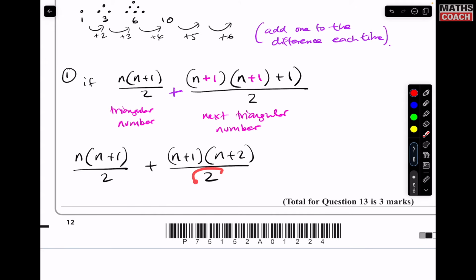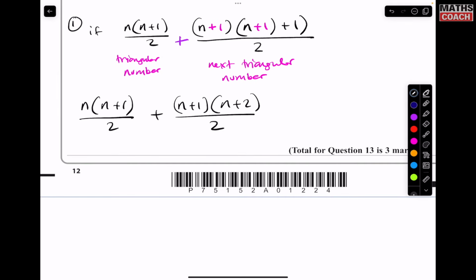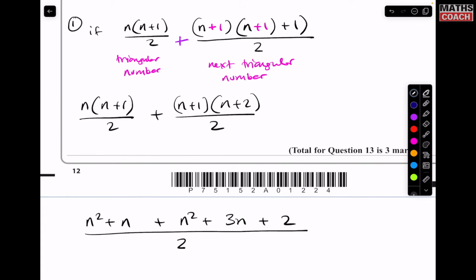Now I've got the same denominators, so I can just collect the top together. If I expand each bracket, I have n squared plus n, that's this one right there. And the next one would be the expansion of double brackets, so it's going to be n squared plus 2n plus another 1n, so that's 3n, plus the 2, and that's all over 2, a common denominator.